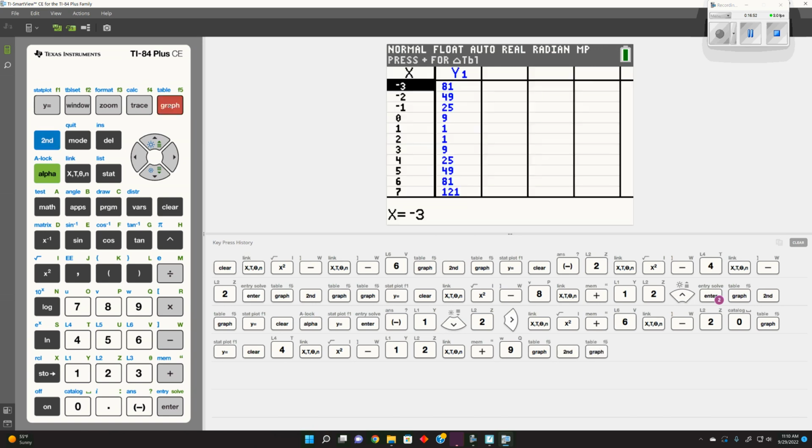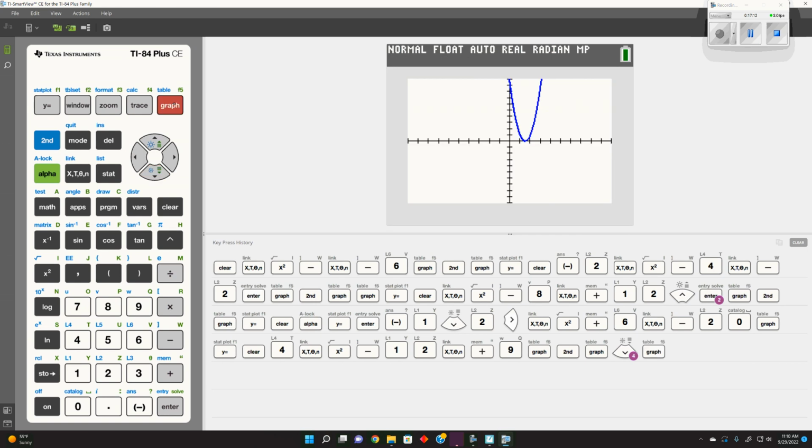Well, it does, but the spot that it intersects is between 1 and 2. So graphing does work well if it crosses the x-axis at whole numbers. If we went through and found this, the actual x value is 1.5.